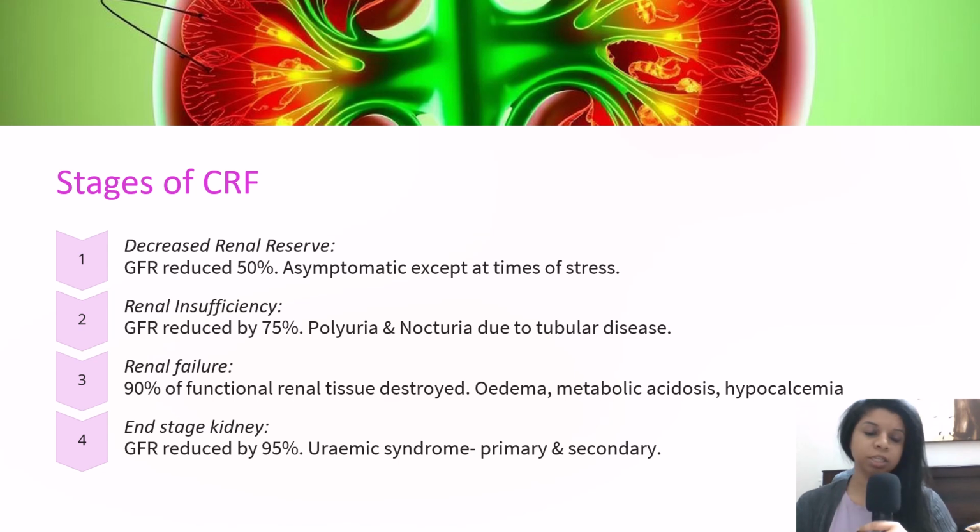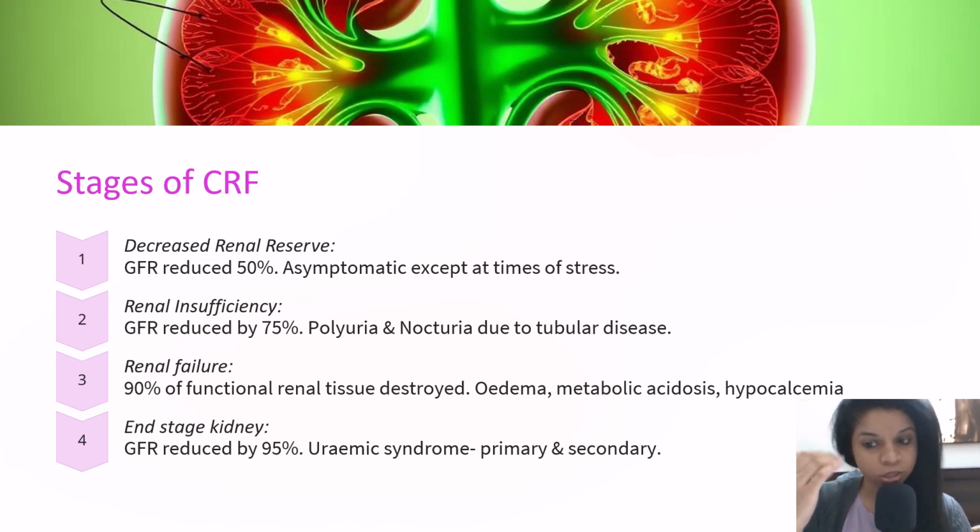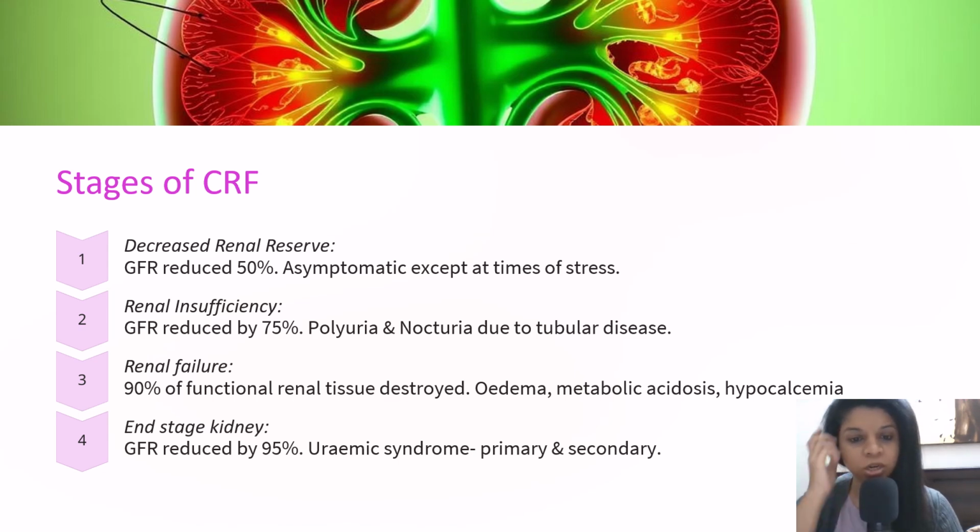Then there is the renal insufficiency stage, in which glomerular filtration rate is reduced by 75%. That is, only 25% of the kidney is functional. Third stage is renal failure, where 90% of the functional renal tissue is destroyed, meaning only 10% of the renal tissue is functional.